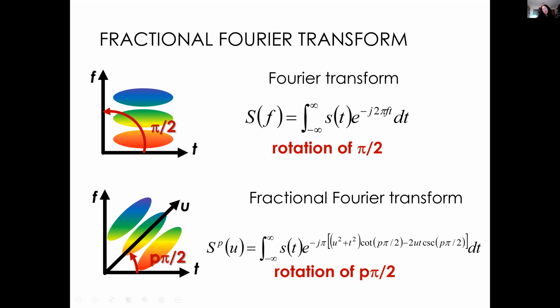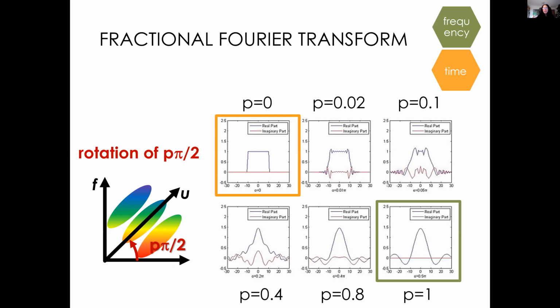In math, the expression to calculate the fractional Fourier transform is much more complex, and also the signal you get is more complex. Starting from a box signal, if you apply the Fourier transform, you obtain the sinc signal. But if you stop in the middle, making the rotation not 90 degrees but in the middle, you get a complex signal with a strange shape.